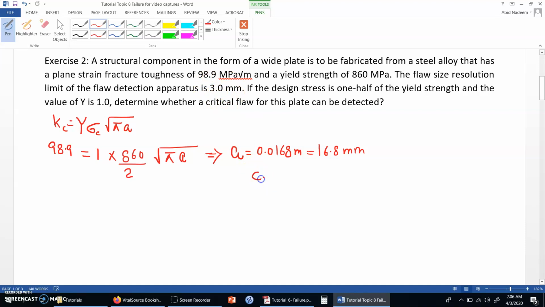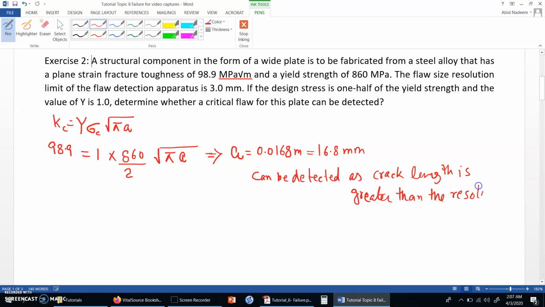So the answer is it can be detected, because the crack length is greater than the resolution of the crack detection apparatus.